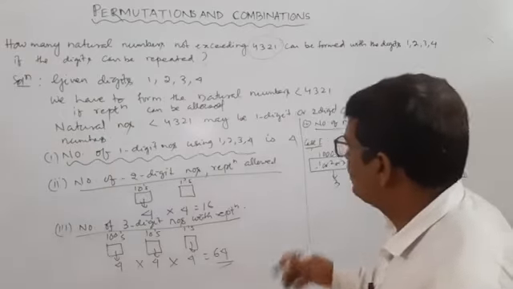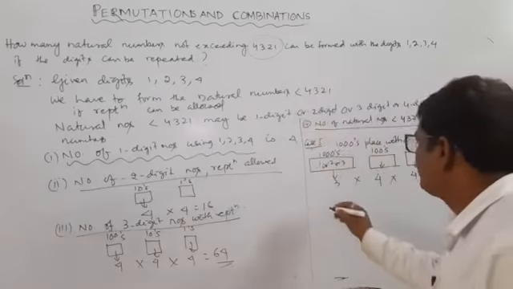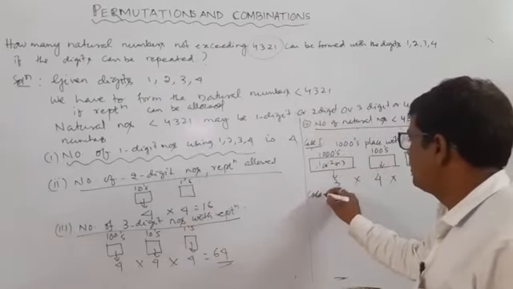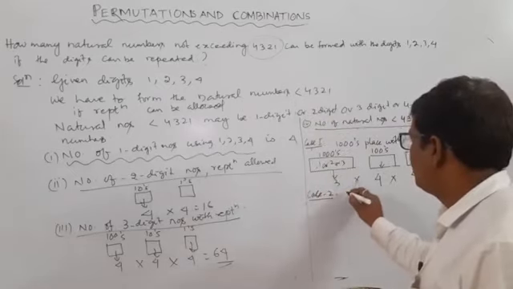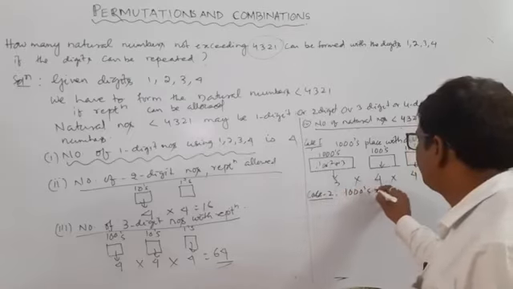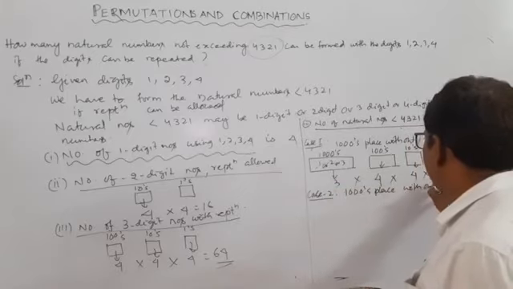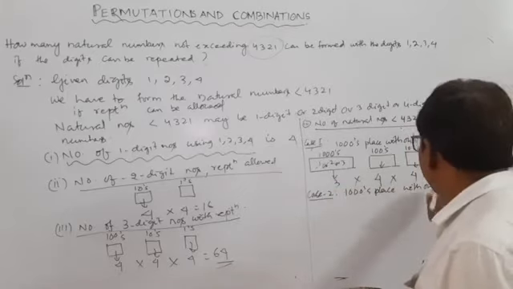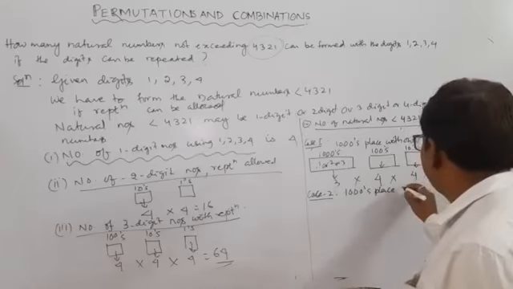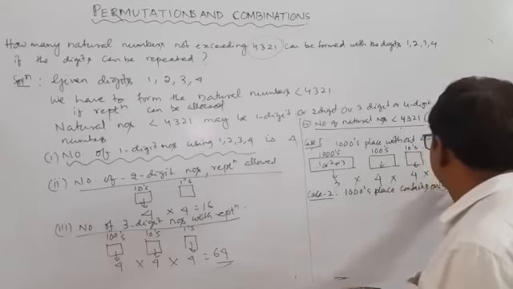Now for case 2, the thousands place contains only 4.